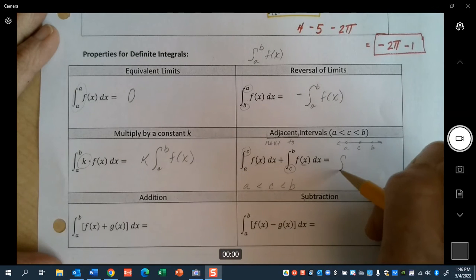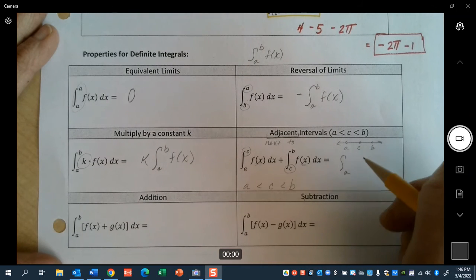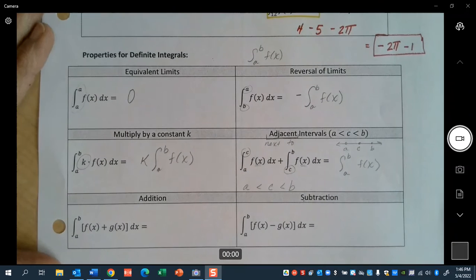What we can do then is just take the integral from A to B of f of x. So what's interesting is you'll find we can add them together and subtract them. Both those properties exist.